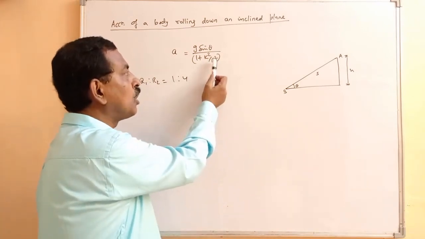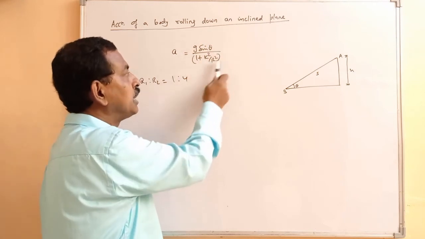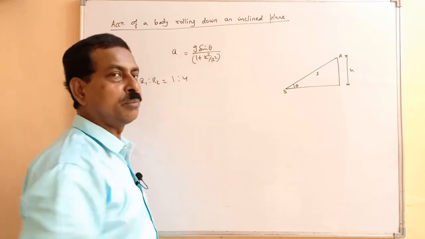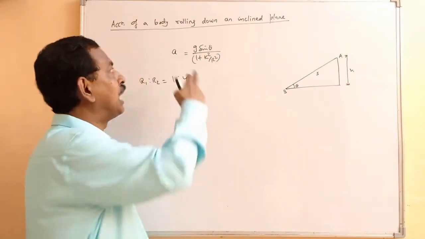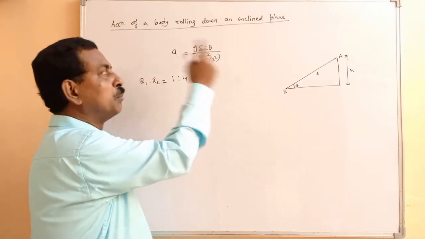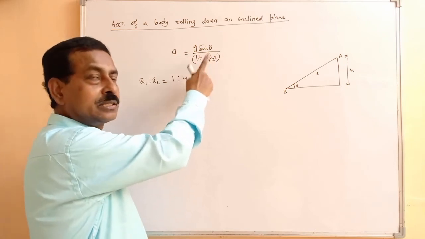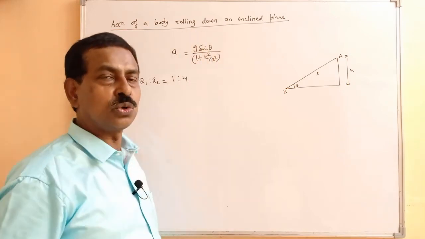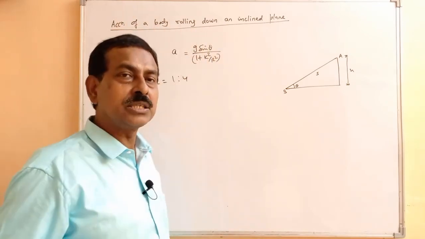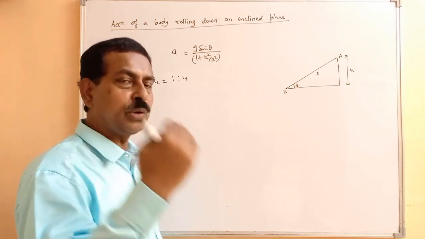If r is small, then this fraction will be large, so the denominator will be large and acceleration will be less. So that way it indicates that the bigger sphere will have large acceleration, because for that r was more, so the fraction was less. That means the denominator is less, so acceleration is large. So the sphere of larger radius will have more acceleration, so it will take less time.